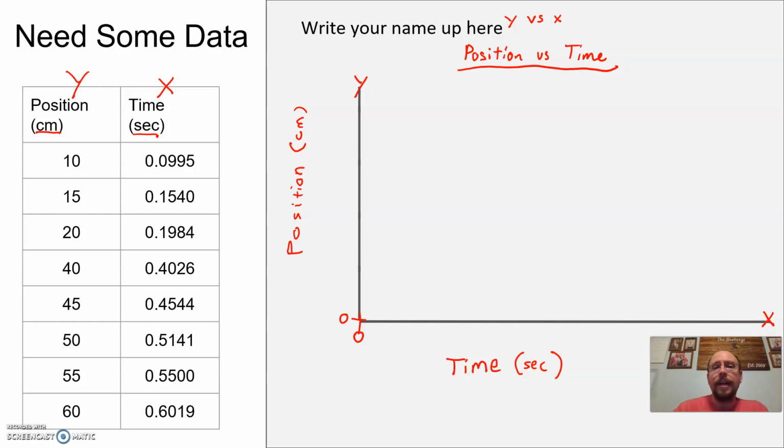Okay? Next thing though, we need to create a scale along each axis that we can actually plot out our data. We're going to start with the position because our numbers here are a little easier to use. We have things like 10, 15, 20, 40, all that kind of stuff. But when we plot out our data, we can't actually do 10, 15, 20, 40.